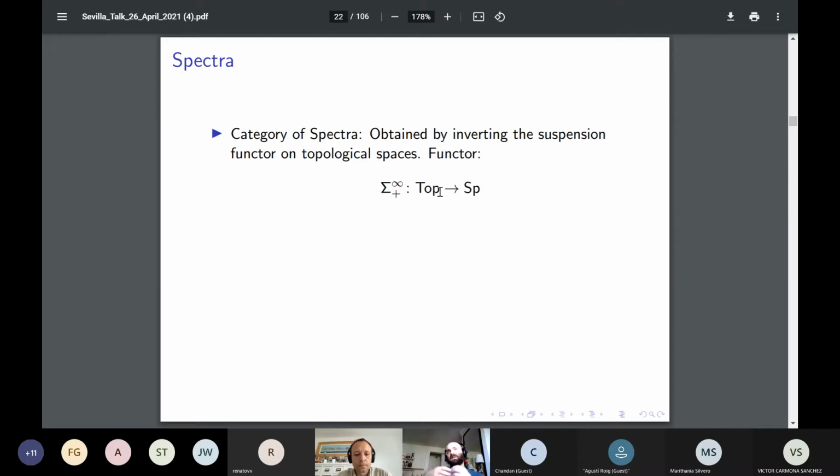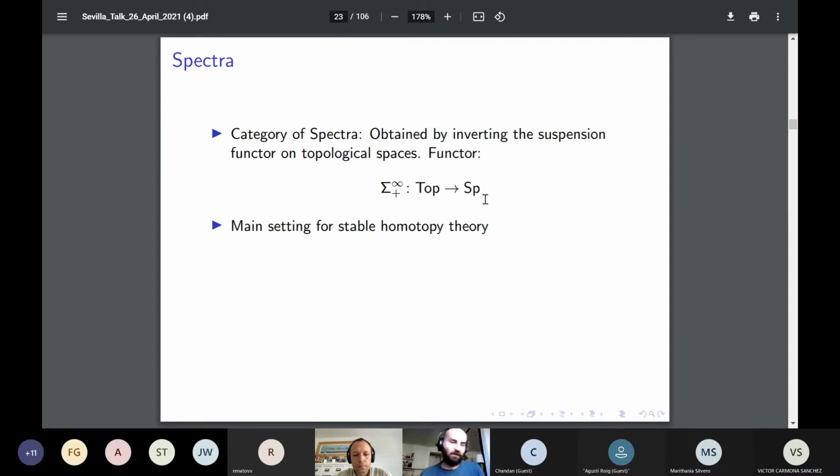So this is something like a localization of a category. So just like the way you have, say, a map from a module to its localization, there's a functor from topological spaces to its localization, which is the category of spectra.